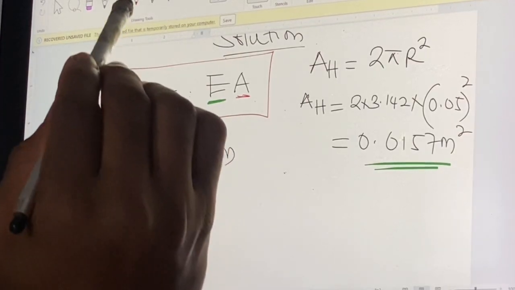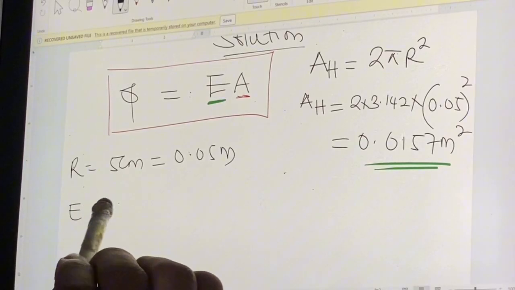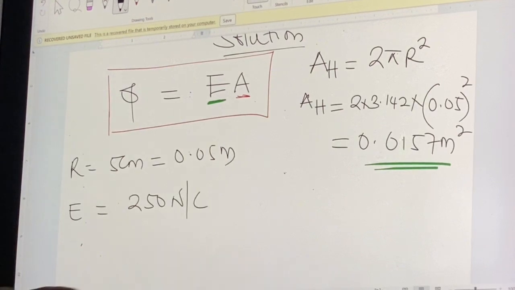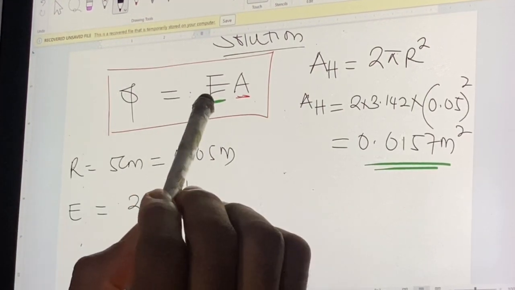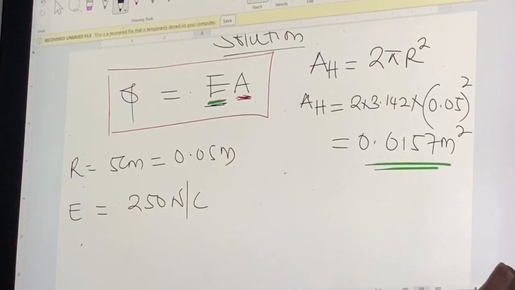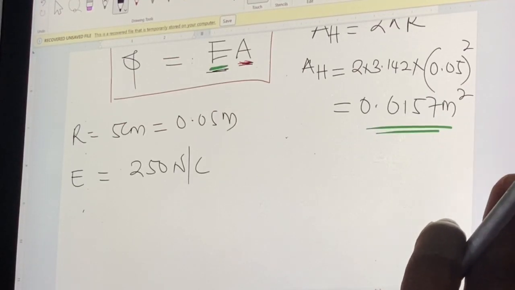Now, from the question also, the electric field E is given to us, 250 Newton per coulomb. All right. So electric field is given to us here. The area is being calculated from the radius. So let's plug in the parameters here.